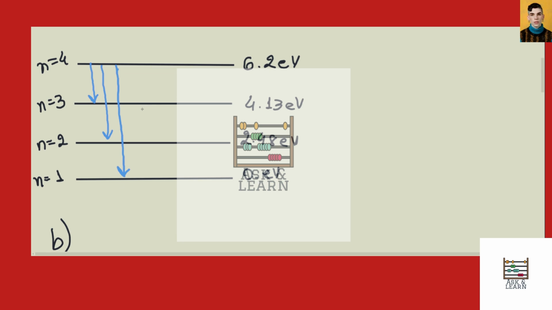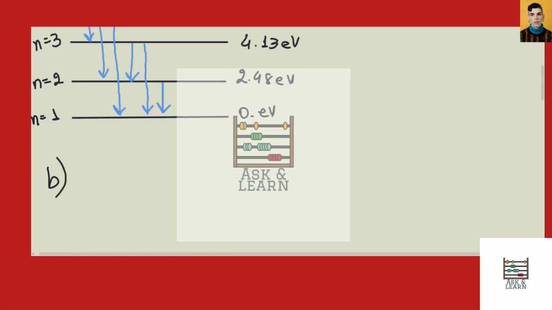We can also have from state 3 to state 2, and from state 3 directly to the ground state, and we can also have from the first excited state to the ground state. So you can see that we can have 6 photons from the transitions in the emission spectrum.